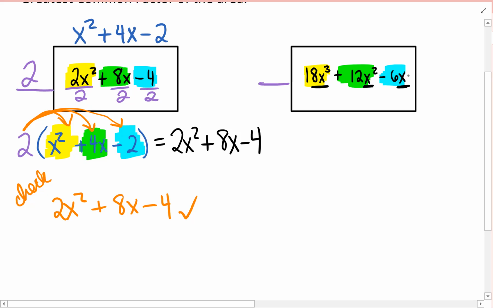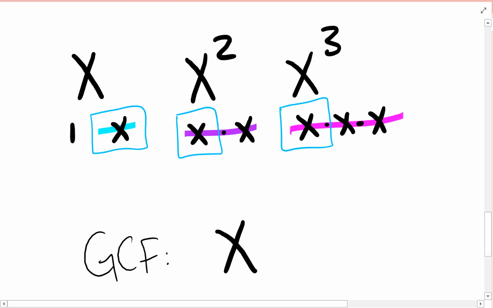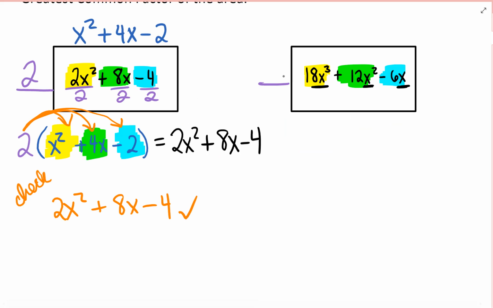What is the GCF of x, x squared, and x cubed? That was x, because you have x to the 1 in common with all of them. So x must be a part of my width. I want to take out an x because all 3 of them have an x.